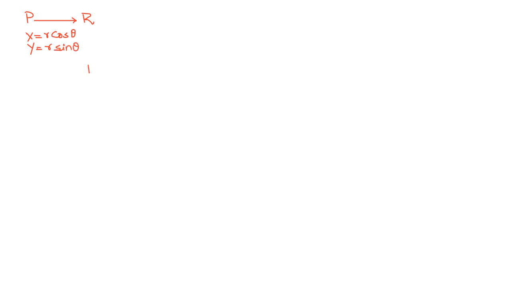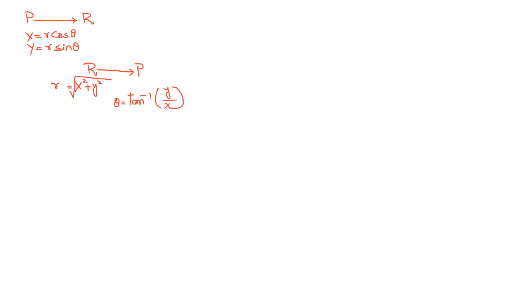If you have rectangular coordinates and you want to represent them in polar coordinates, then use this formula: r is the square root of x square plus y square, and theta is equal to tangent inverse of y over x.